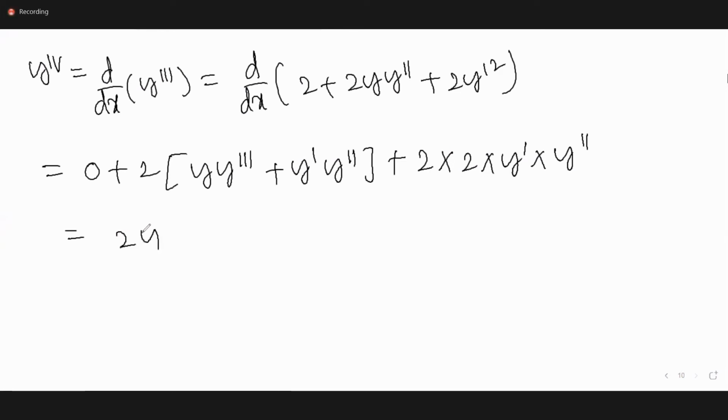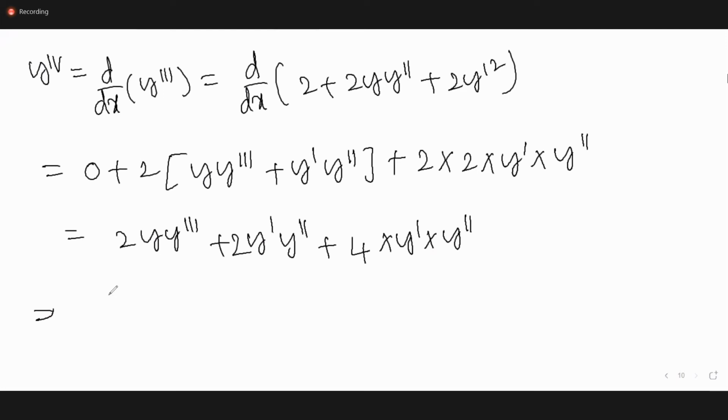So 2 into y into y triple dash plus 2 times of y dash into y double dash plus 4 into y dash into y double dash. So y fourth derivative is equal to 2 into y into y triple dash plus 6 into y dash into y double dash.